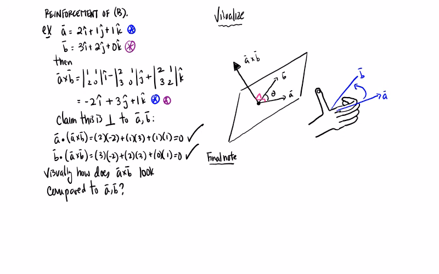So, final note. Here's a final sort of interesting, useful fact about the cross product. And that's this. If you imagine taking the vectors A and B, those form a parallelogram. We saw this when we were playing around with what the addition looks like, right? So don't worry about the addition right now, but consider that A and B form a parallelogram.